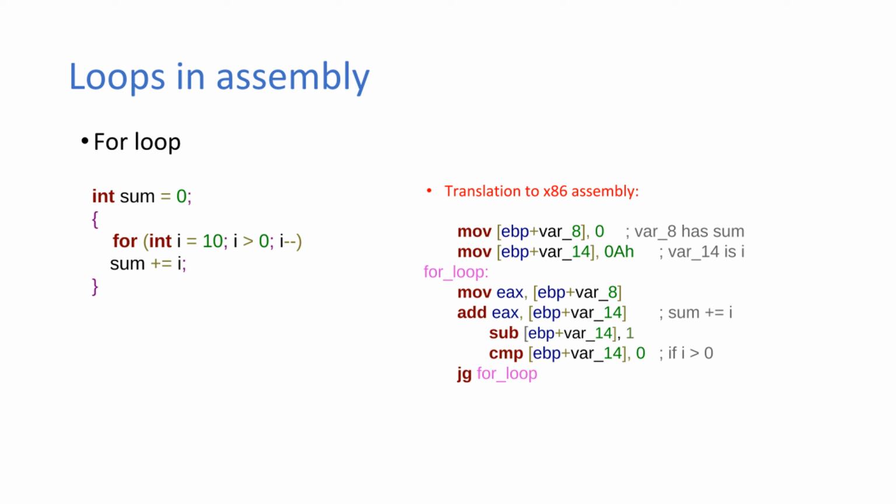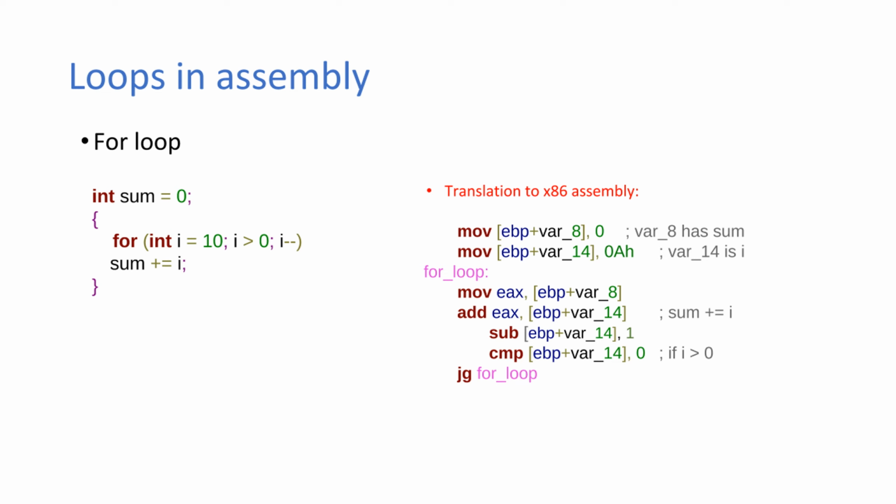The for loop then performs the addition of variables sum and i and checks whether i is greater than 0 or not. If the condition is met, then it loops within the for loop.